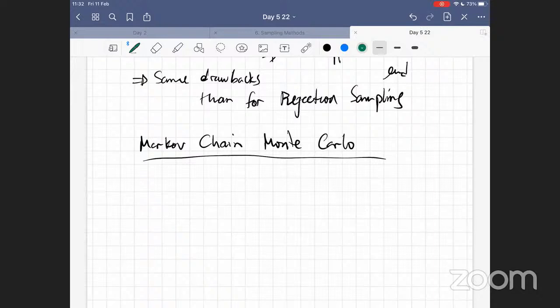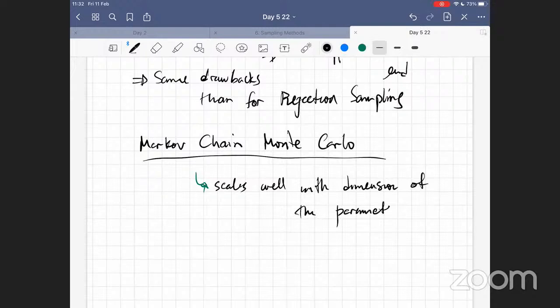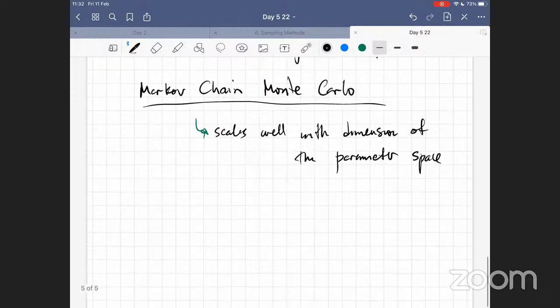So the motivation for Markov chain Monte Carlo is that it scales well with the dimensionality, the dimension of the parameter space. So again, here the idea is to have a proposal distribution.